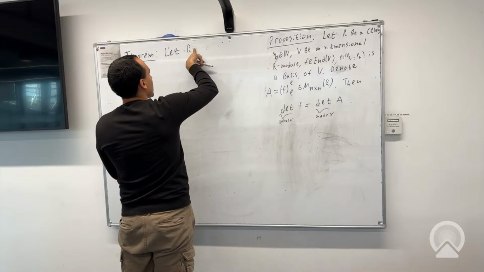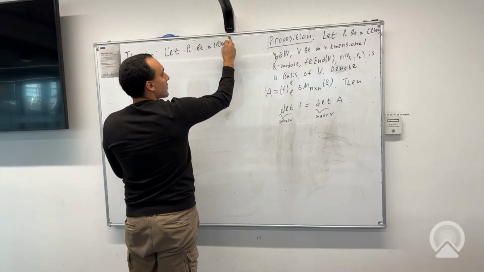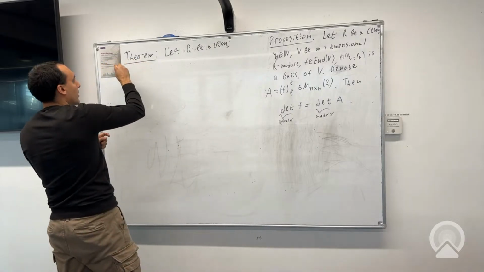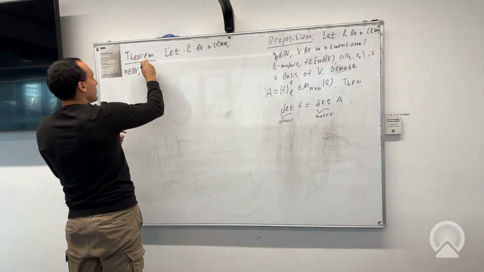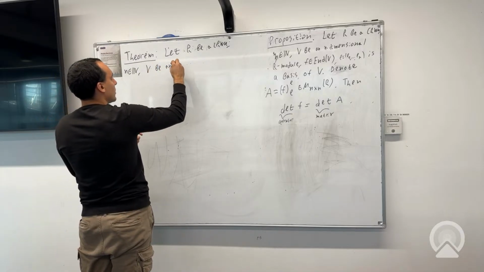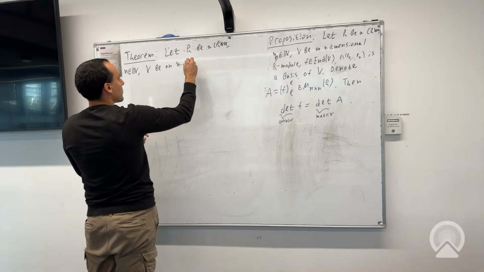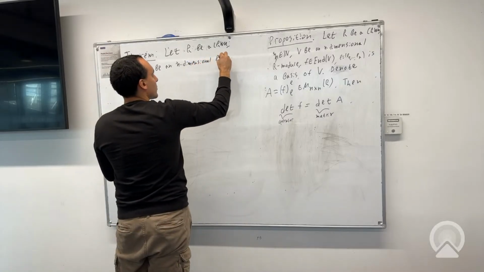Let R be a commutative ring with unity. N is an integer. V an n-dimensional R module.